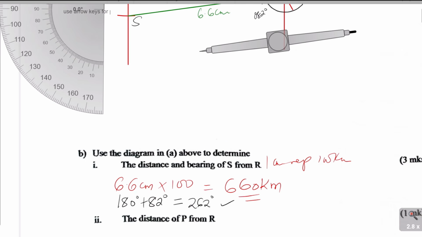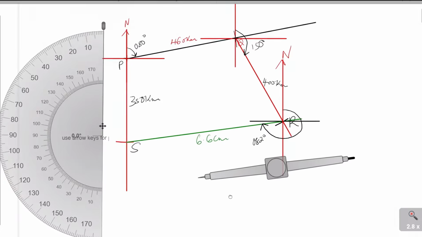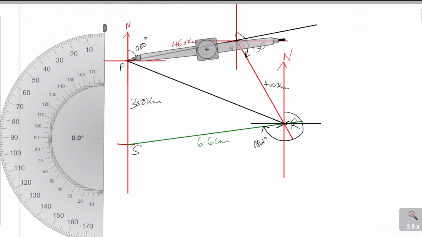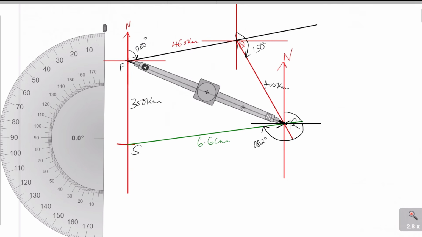The other question, part 2, the distance of P from R. Again, you can join PR using a straight line, and then you get that distance. You can use a ruler. In my case, I'm using a protractor, which is calibrated. You must be very keen when you're placing it.